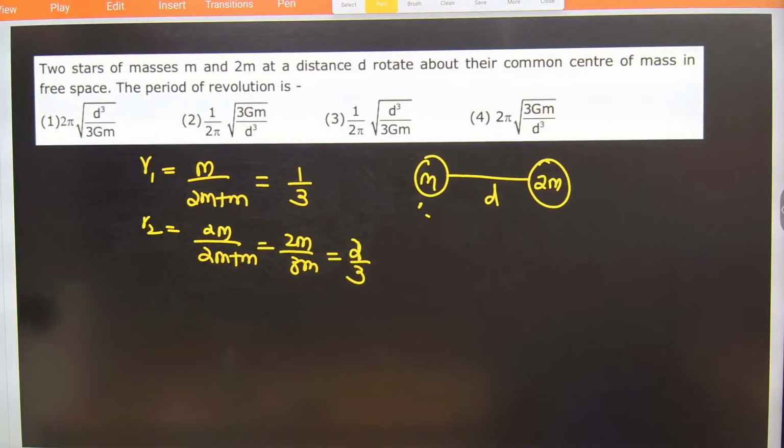From this I need to get the period of revolution. How can I get it now? Any answer for this question? I can use the gravitational force.